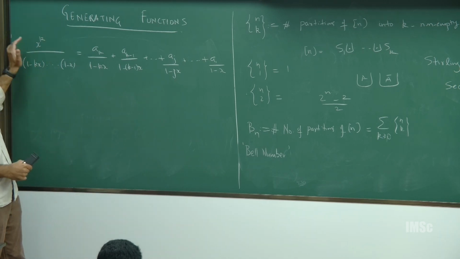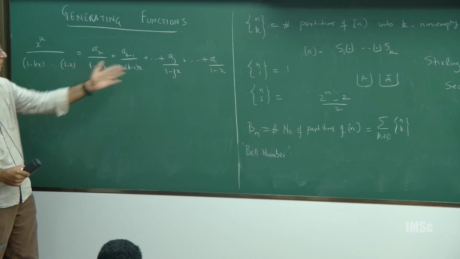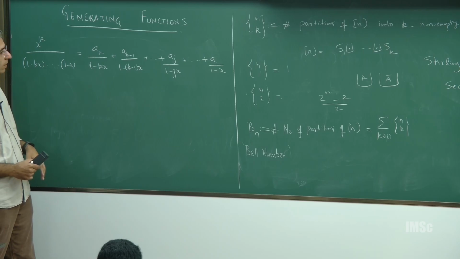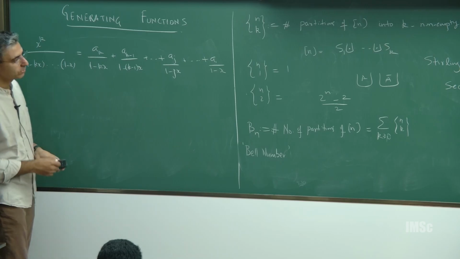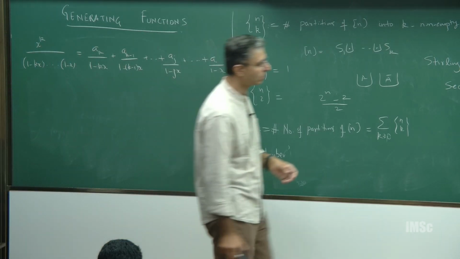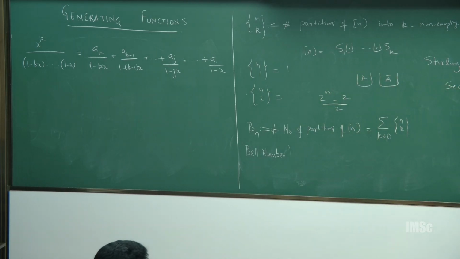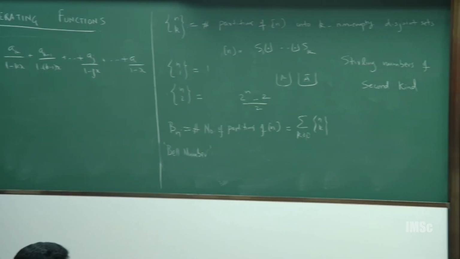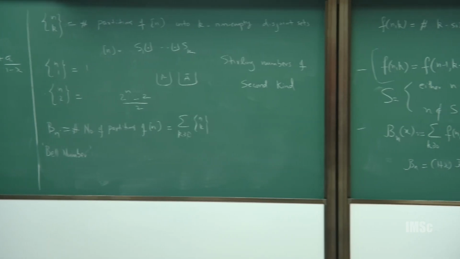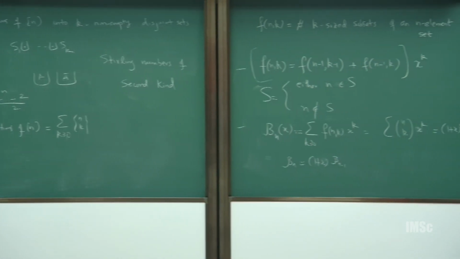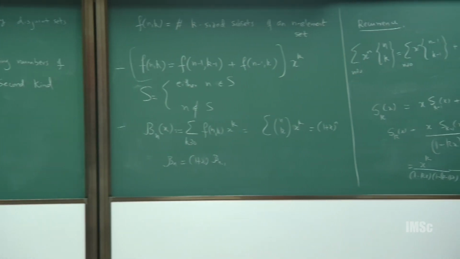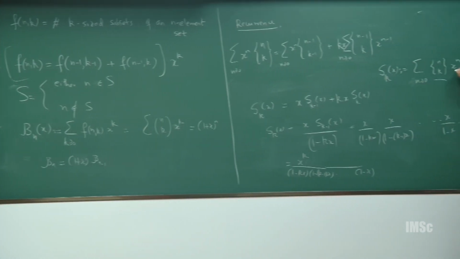So this is the sum of these. In fact, we can simplify. So what are we looking for? We are looking for the coefficient of x raised to n, right, in this expression. In this generating function, we are interested in the coefficient of x raised to n, right.